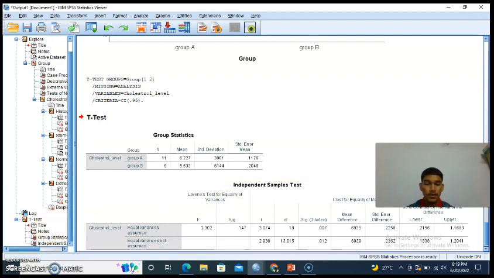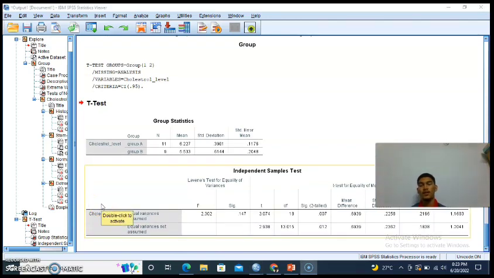So we get the result of the independent sample t-test. For significance two-tailed, the first row is 0.007 and the second row is 0.012.